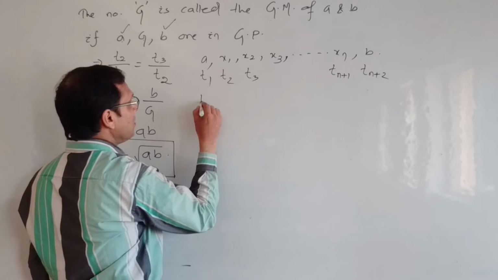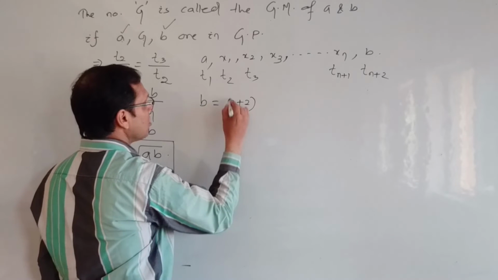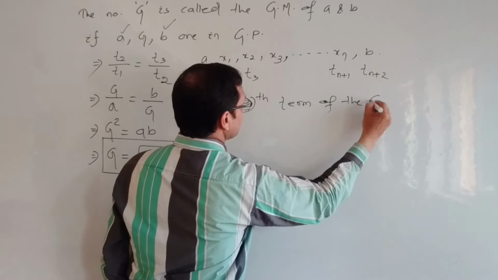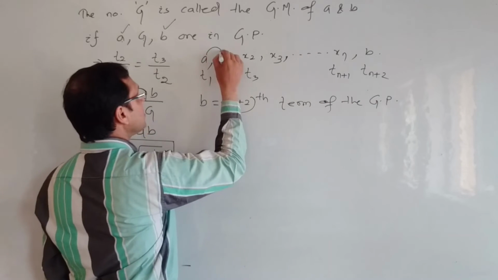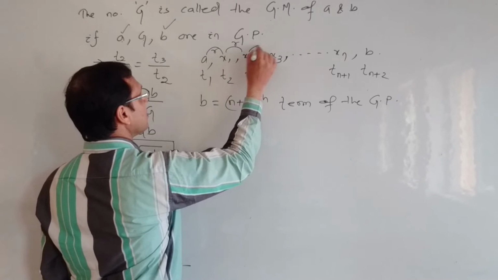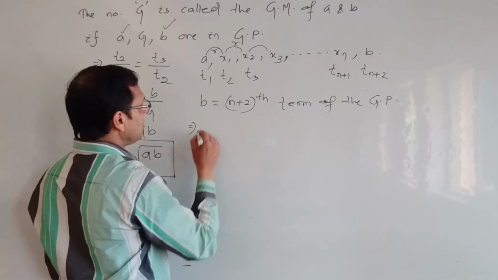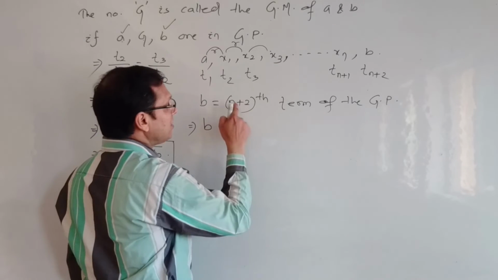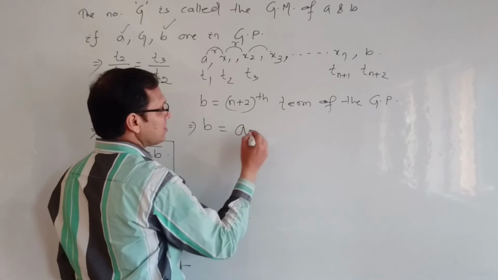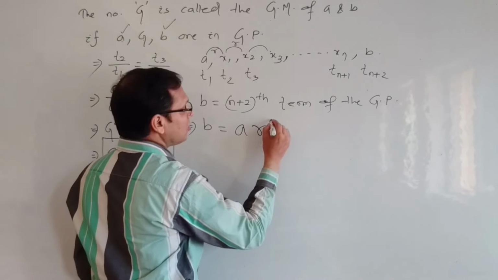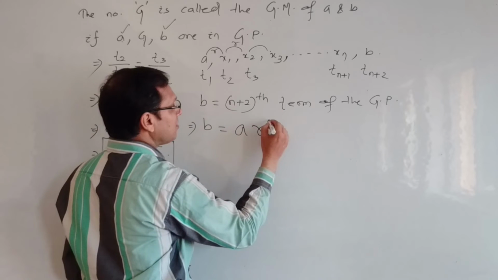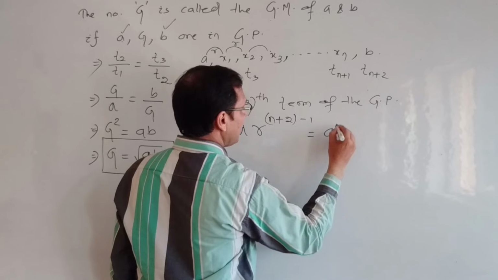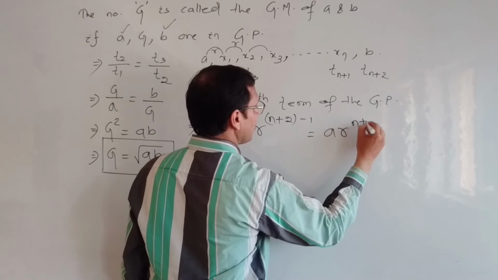So you can write b is equal to the n plus 2th term of the GP, if the common ratio is r. Then b is equal to a r to the n minus 1, where n is n plus 2. So a is the first term, r is the common ratio, whole to the n minus 1, here n is n plus 2, n plus 2 minus 1. This is nothing but a r to the power n plus 1.